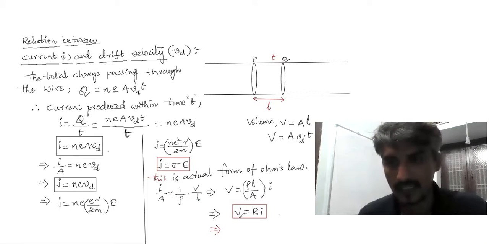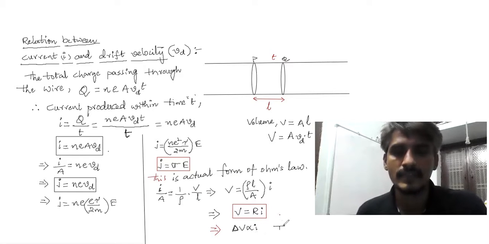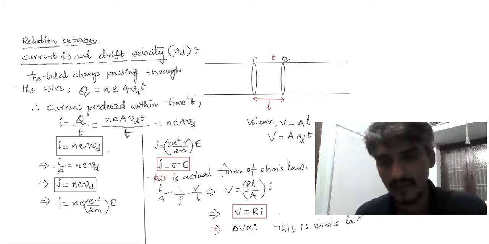V means it's not potential, it is potential difference. Well, let us write it as delta V, no problem. Delta V is proportional to I. This is Ohm's law.